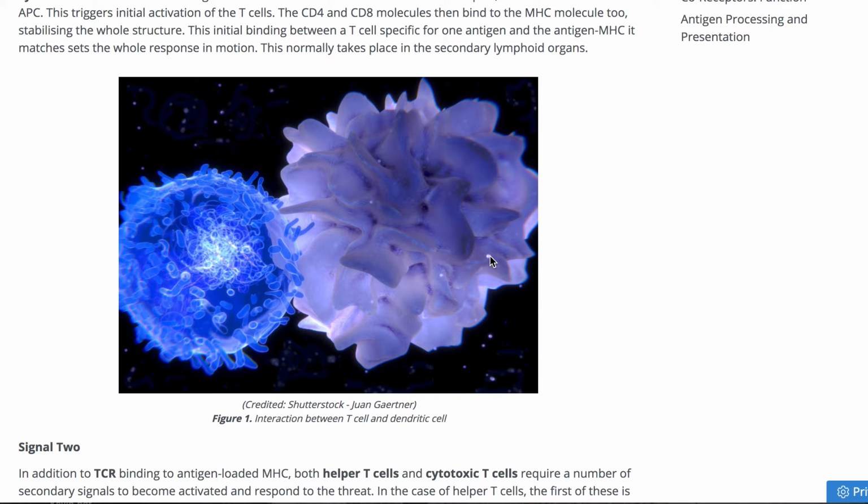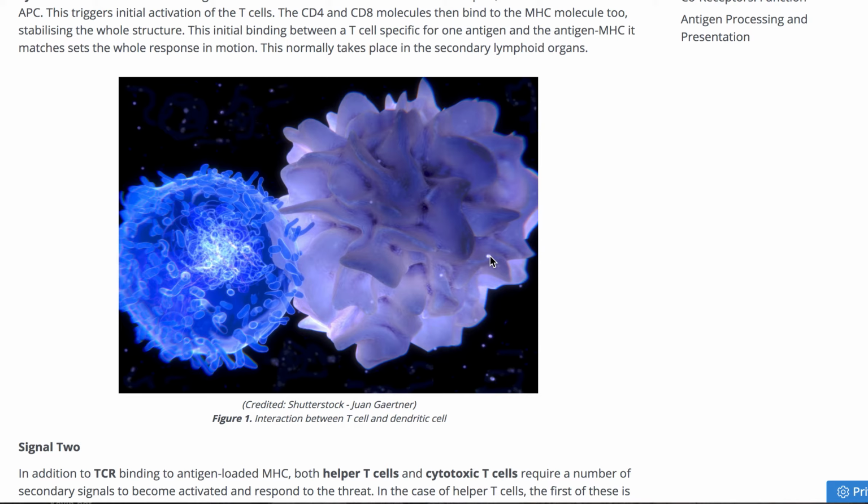Remember that helper T cells mainly help other T cells of the immune system, whereas cytotoxic T cells kill cells infected with viruses, and they actually do this with cancers as well. So antigen presenting cells can teach T cells to recognize the antigens, for example those of cancer.